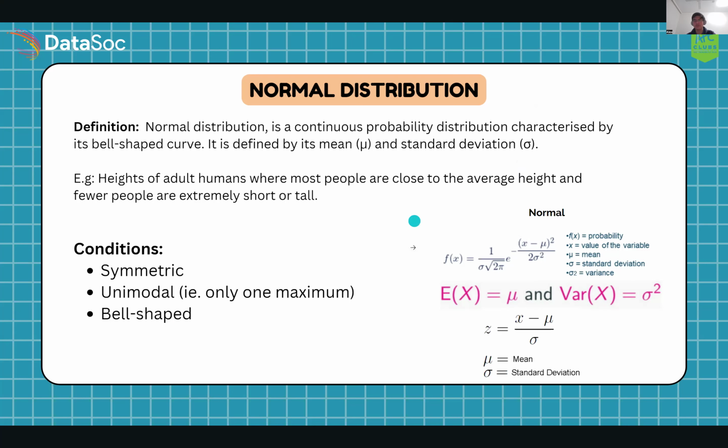So the normal distribution can be calculated using this formula, which can be simplified to a standard normal distribution, which we will use here, which is x minus the mean over the standard deviation, where mu is the mean and sigma is the standard deviation. The expected value of x for a normal distribution is mu, and the variance is sigma squared.